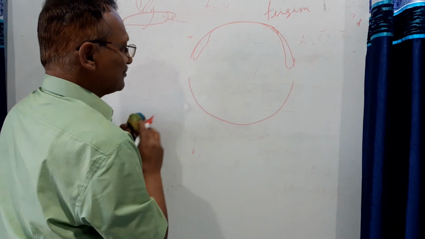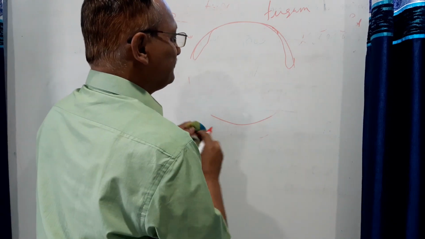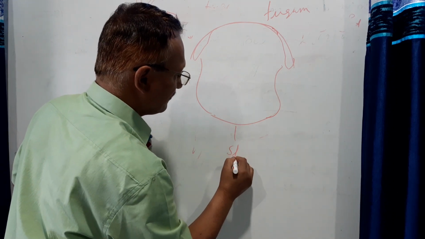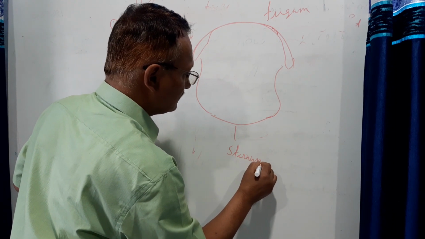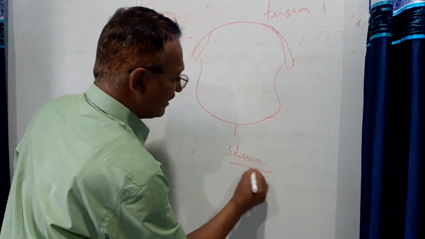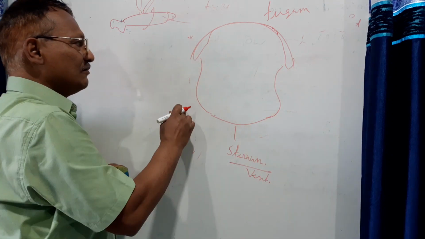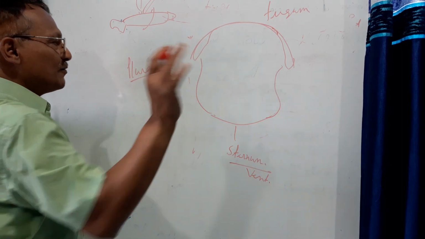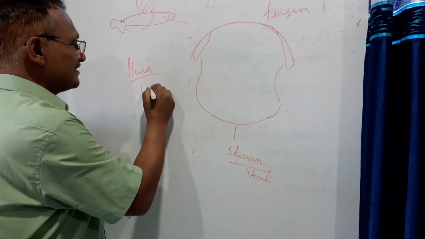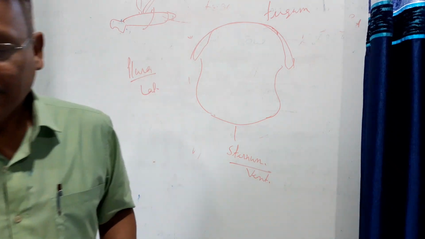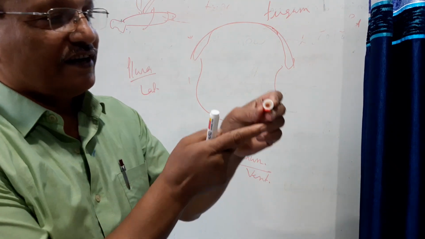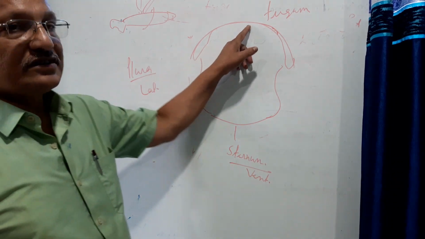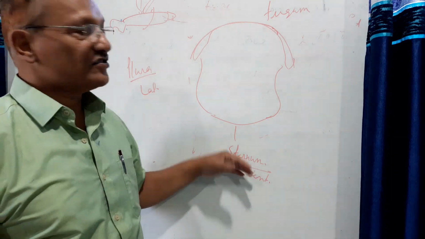The ventral wall is called the sternum. And the lateral wall is called the pleura or pleuron. That means it is dorsal, it is ventral, and it is lateral.